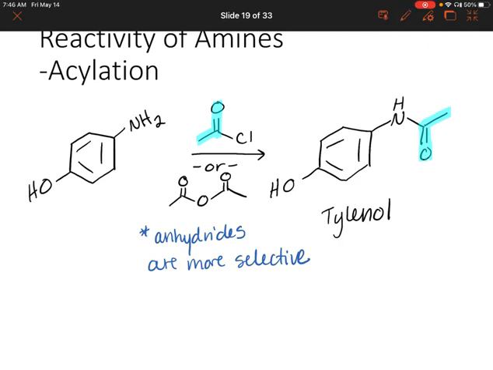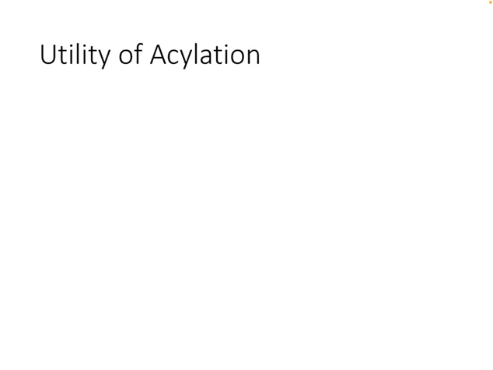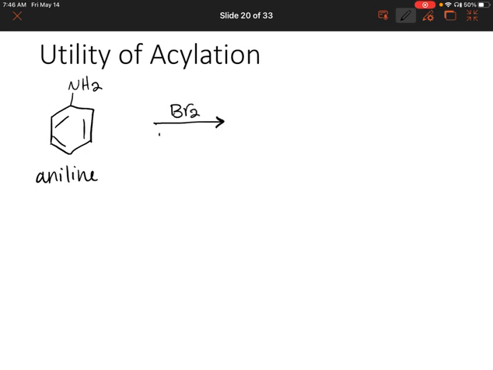All right, so let's talk about why acylation is really useful. So one example, let's say that we have aniline. And we want to add bromine onto the ring.